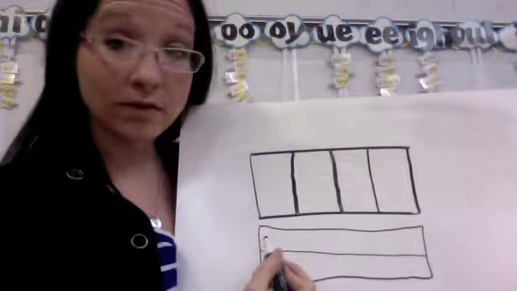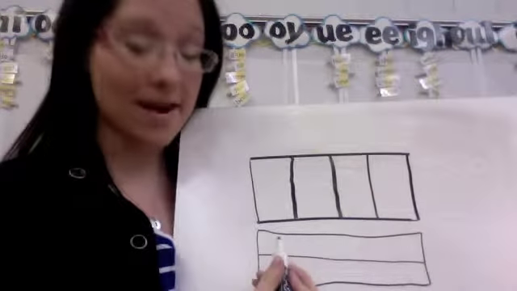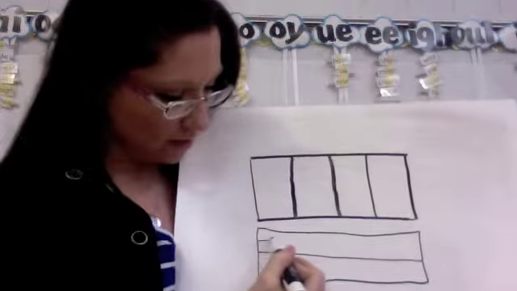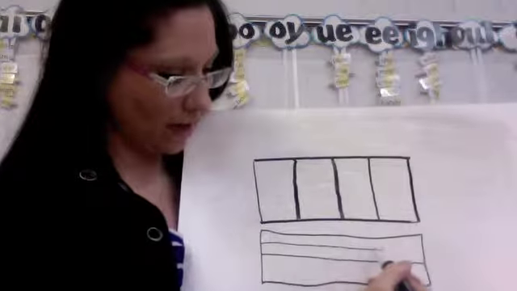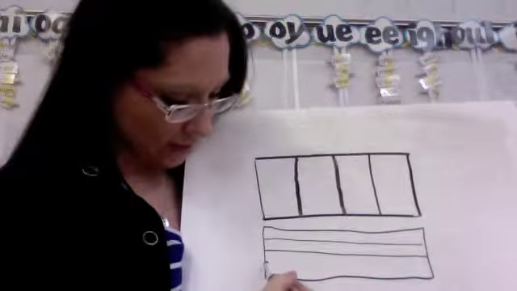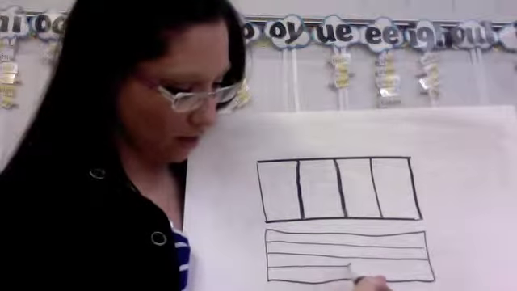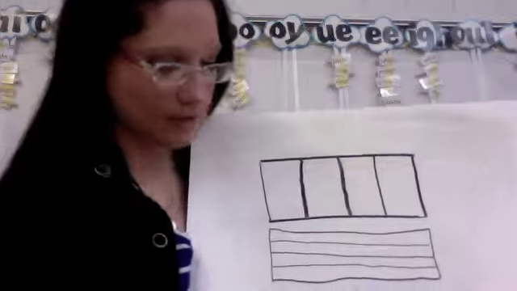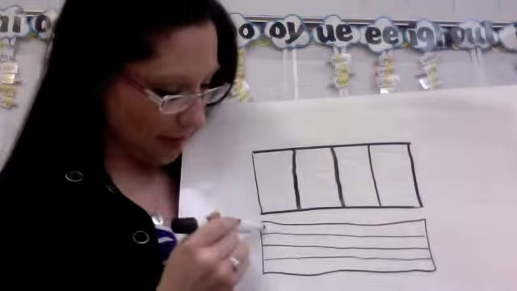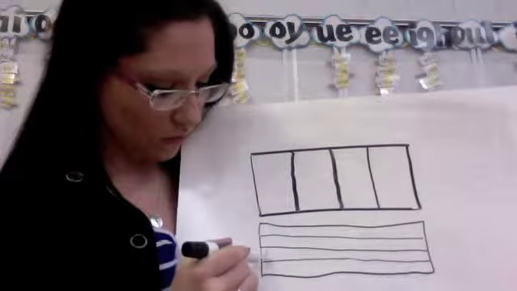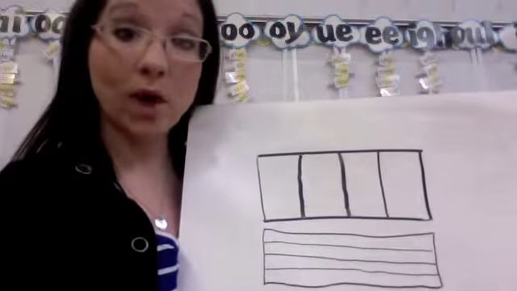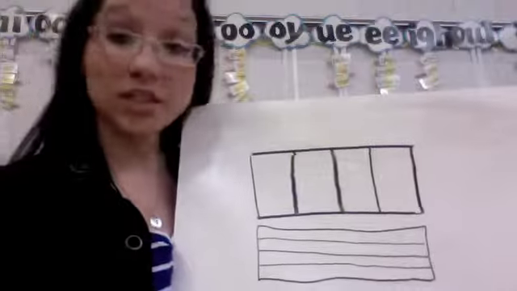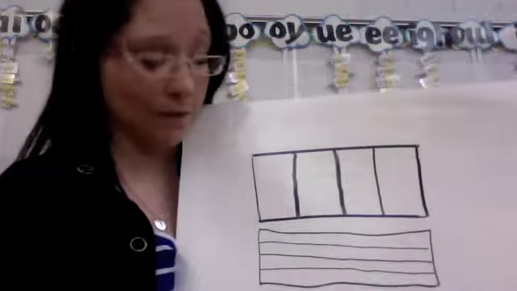But now I'm going to take those halves and partition them again. So I start here, and I go all the way across. And I start here, and I go all the way across. So this has got 1, 2, 3, 4 equal parts. So we partitioned this rectangle into fourths again.